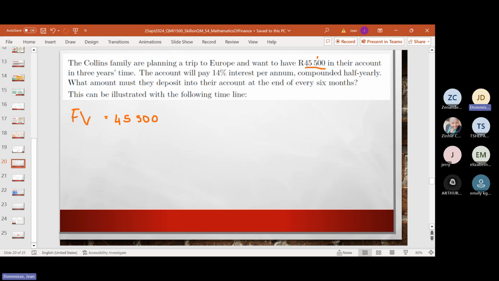Then n is equal to three, so it's not just as simple to pick up the three in number form, it is in words. Then they say the account will pay 14% interest per annum. Okay, so that is great. We've got our interest rate of 14.